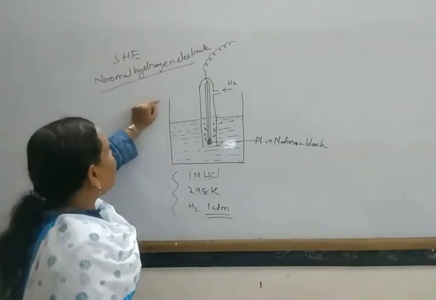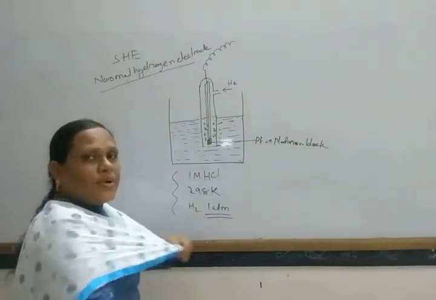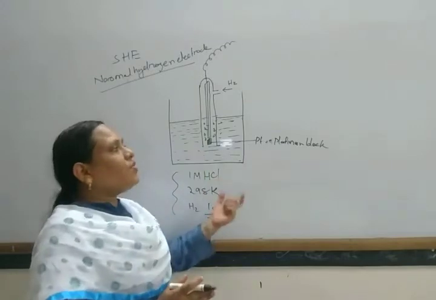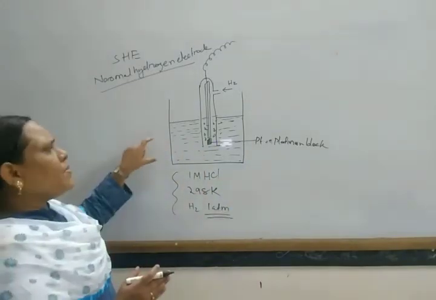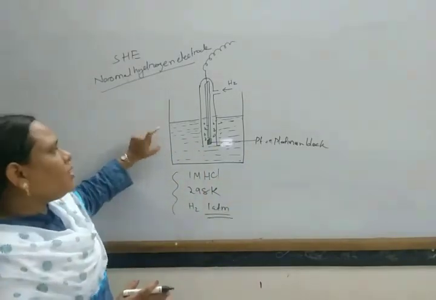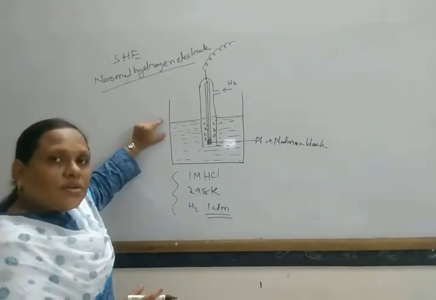This electrode is then connected with other half cells, so it may become the oxidation half cell or the reduction half cell.